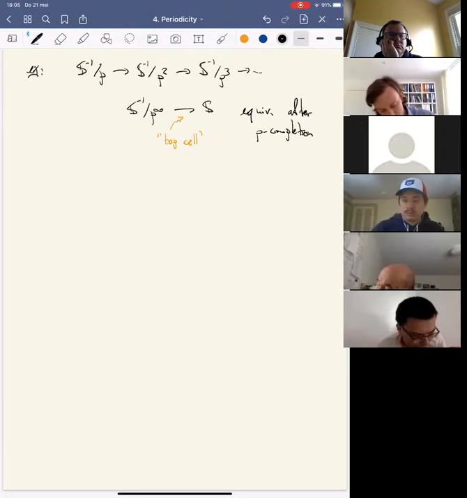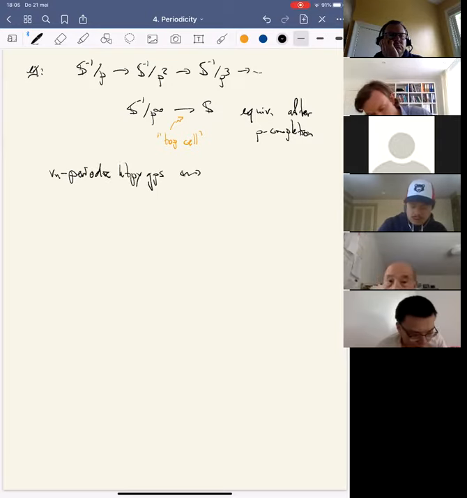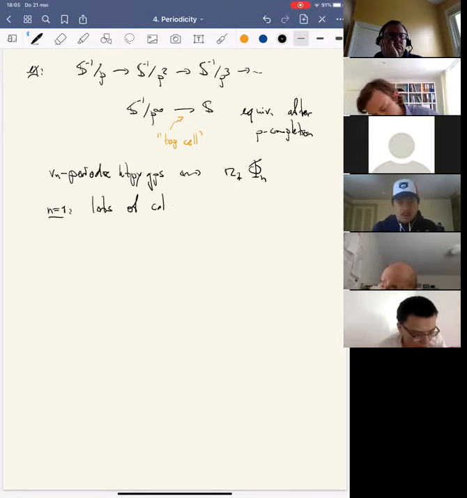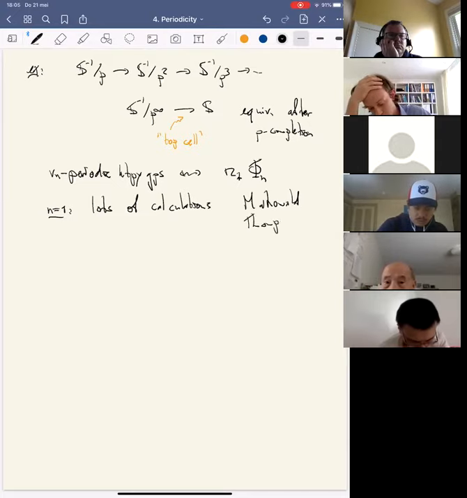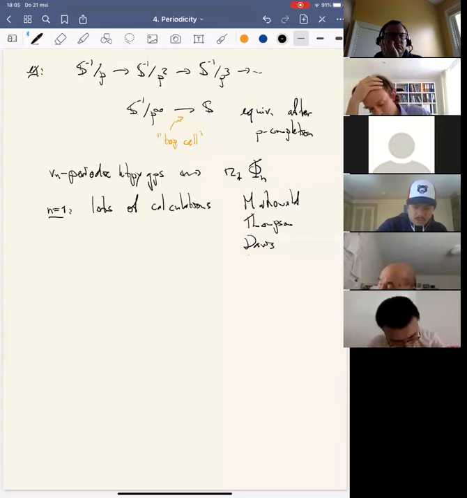All right, so generally now people say the Vn periodic homotopy groups without coefficients are the homotopy groups of this functor phi n. And at n equals 1, lots of calculations of this have been done. I won't be able to give a systematic survey of those, but of course Mahowald should be mentioned here, and there are many people who worked on this, like Thompson, Davis, Bousfield, and many more.